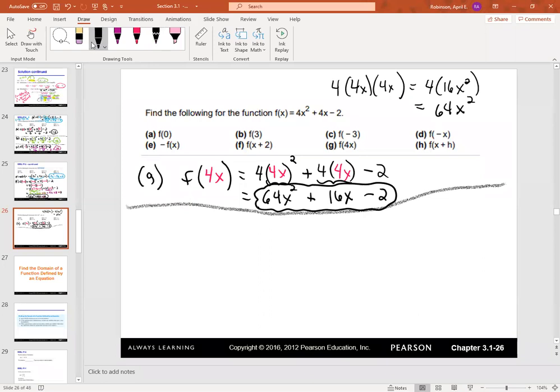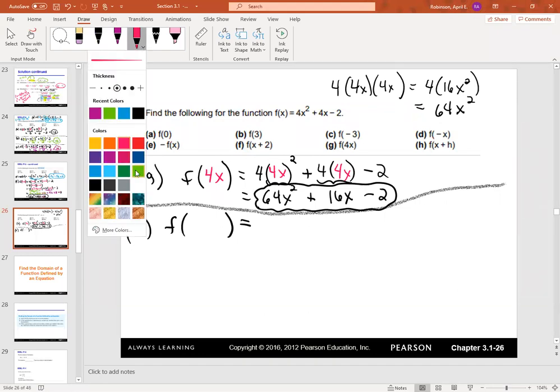Now, H. H is the fun one. Not that we haven't been having fun already. H wants you to calculate f of x plus h. I meant to do that in a different color. Sorry about that. Dark green.